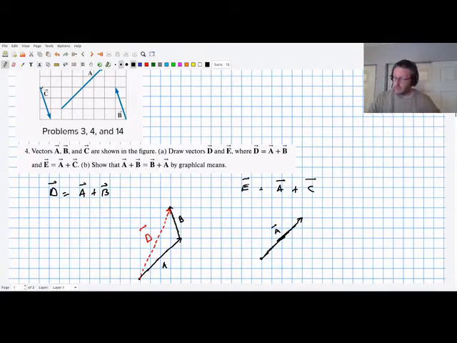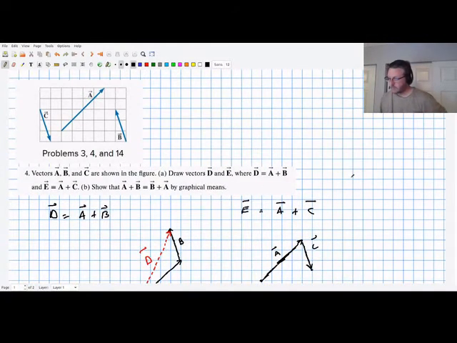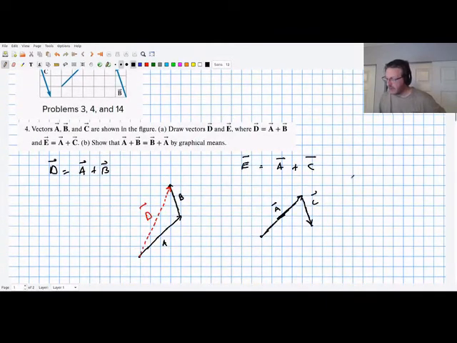And then C is down by 3 and across by 1. So 1, 2, 3, 1. There's C. So A plus C is what I get if I go along that diagonal that goes straight there, which is equivalent to having gone 1, 2, 3, 4, 5 to the right and up by 1. So that's vector E.